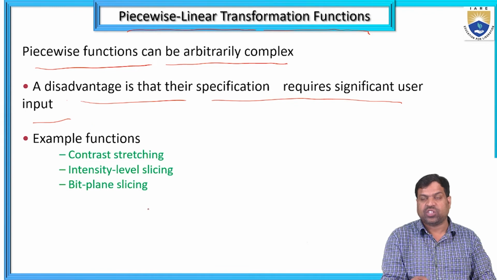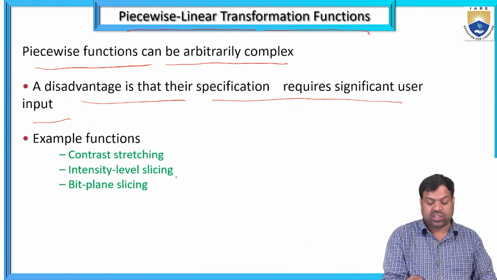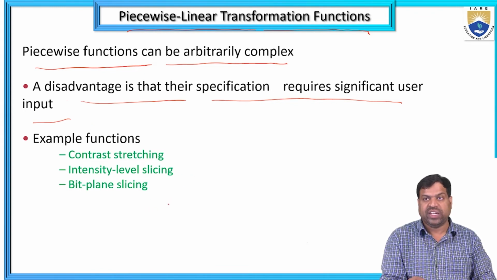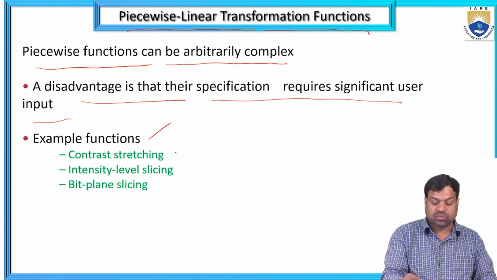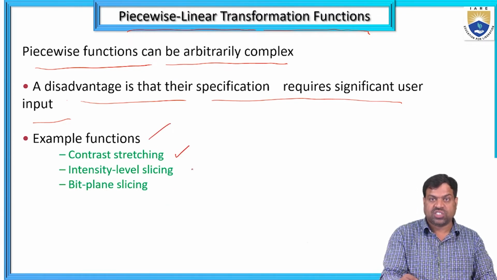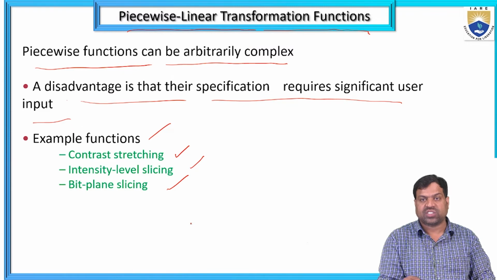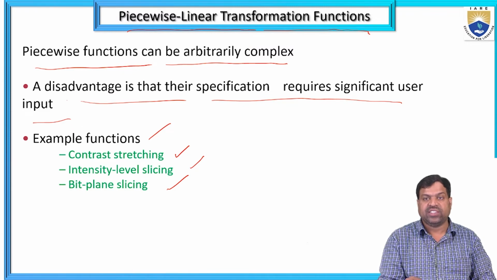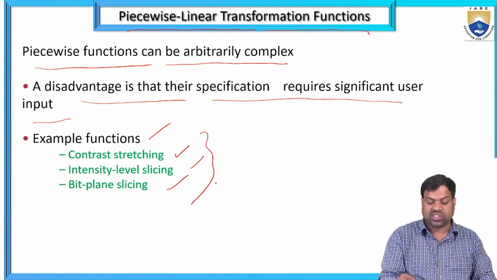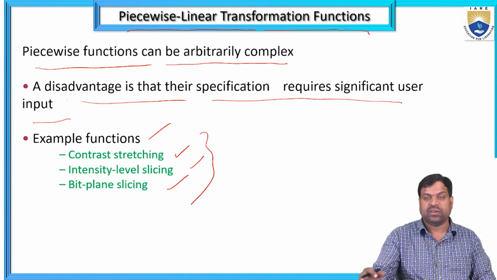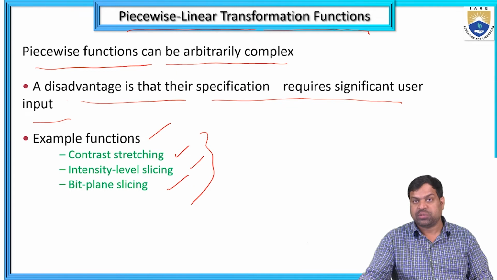Examples of this function are contrast stretching, intensity level slicing, and bit plane slicing. So what is contrast stretching? Next, intensity level slicing and bit plane slicing. If we discuss these three things, then we get the piecewise linear transformation methods.